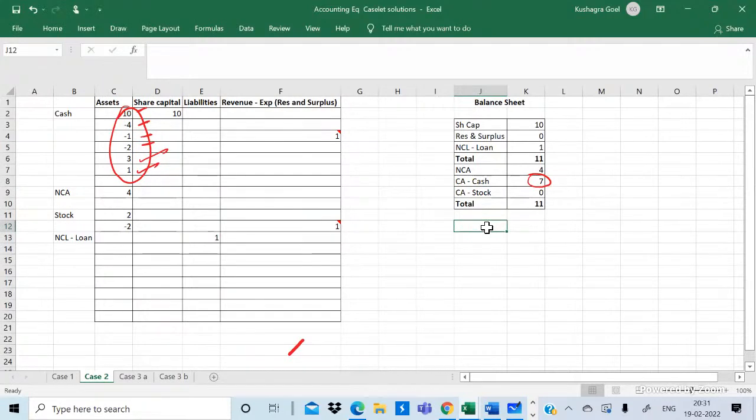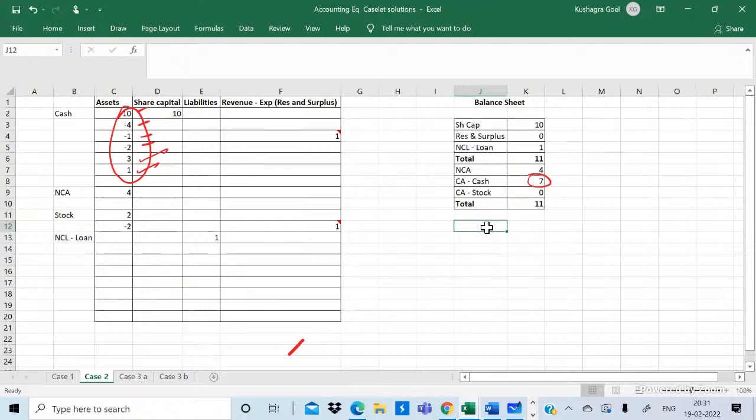Yep. Any doubt with this? Anyone struggling with the balance sheet or any other part, for case number 2? Any questions?